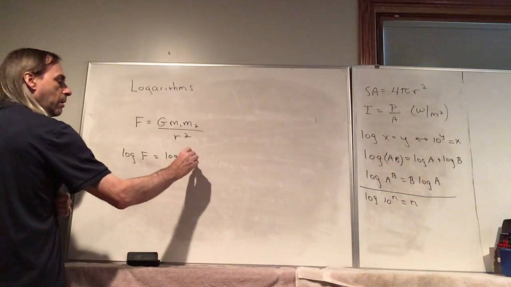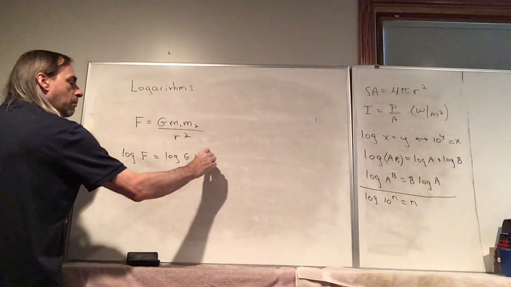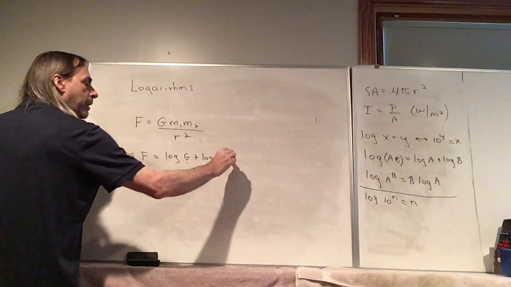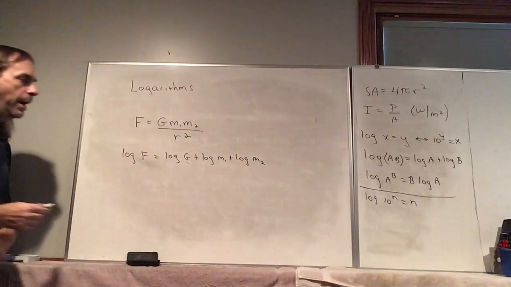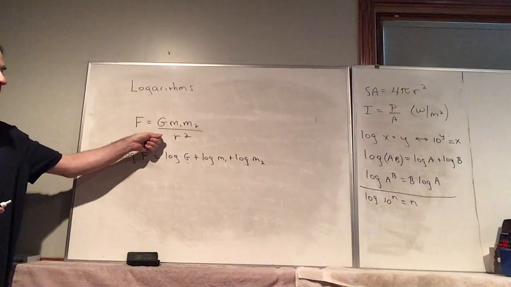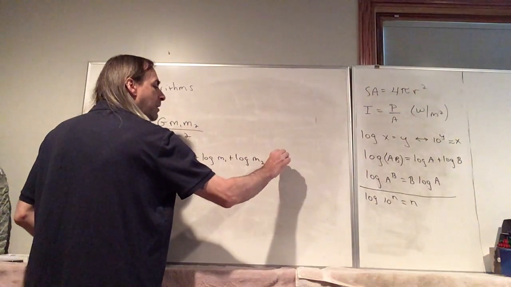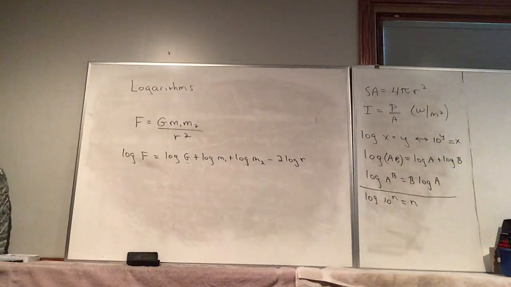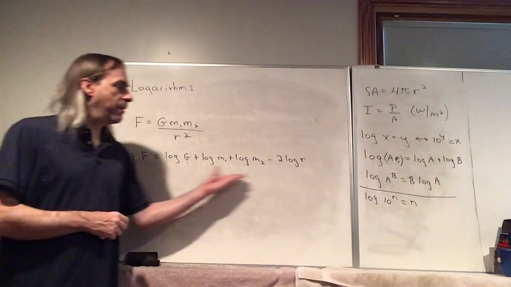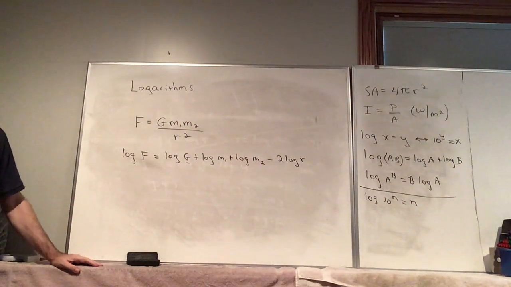Logarithm of G, plus logarithm of m1, plus logarithm of m2. And then we're dividing by r squared, so we'd have minus the logarithm of r squared, or minus 2 times the logarithm of r.